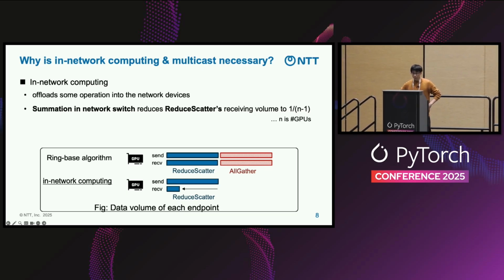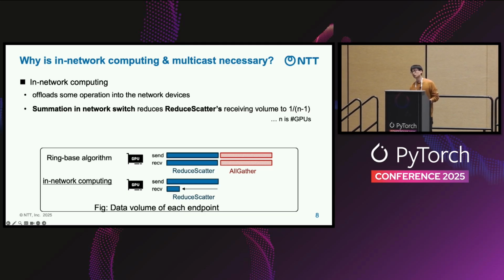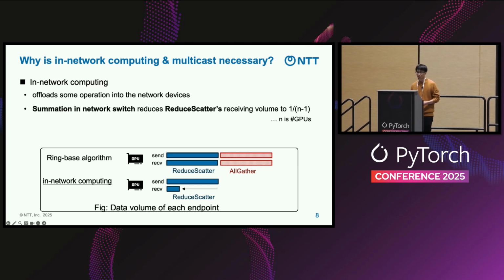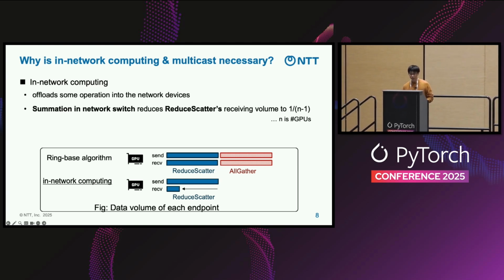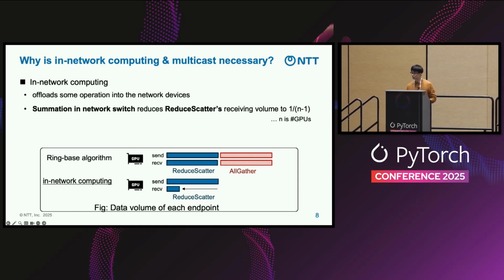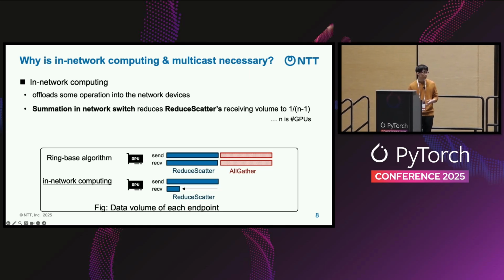In-network computing is a network technology that offloads some computation operations into network devices, such as a network switch or smart NIC. Summation in a network switch is a typical example of in-network computing, and it can reduce the ReduceScatter receiving volume by 1/(n-1), where n is the number of GPUs.